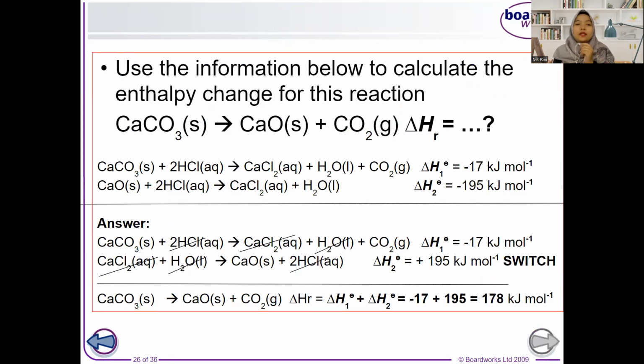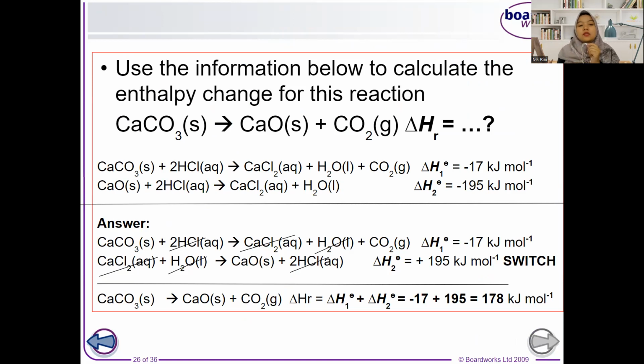To make it clear, let's just jump to the question. Use the information below to calculate the enthalpy change for this reaction: CaCO3 produces CaO plus CO2. We have two reactions.